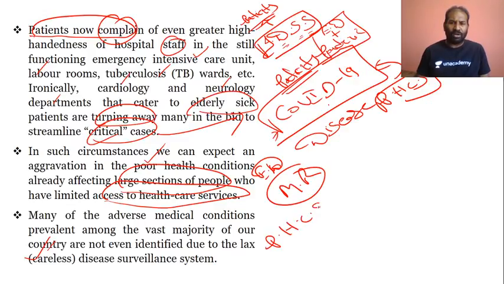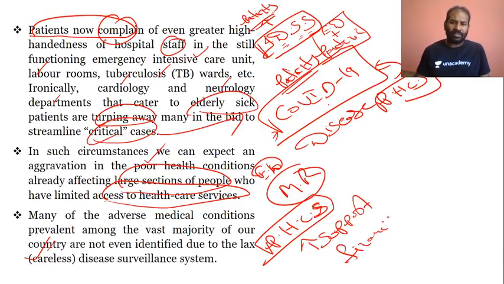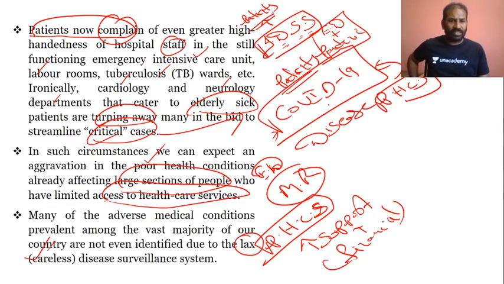We are not blaming the public healthcare system, but the kind of financial support it is getting is a matter. Financial support is a matter for the kind of careless disease surveillance system. Lax, in the sense careless. So it is a careless India's disease surveillance system as of now.